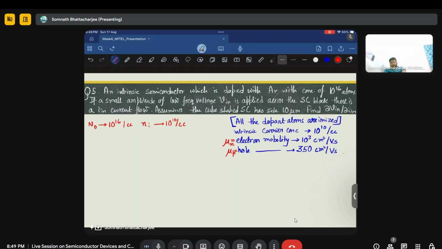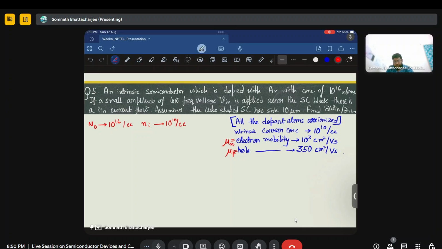So from this, how can we get the value of del V by del I? What is it? How do we get that? This is resistivity, right? So we need to get the value of resistivity here.